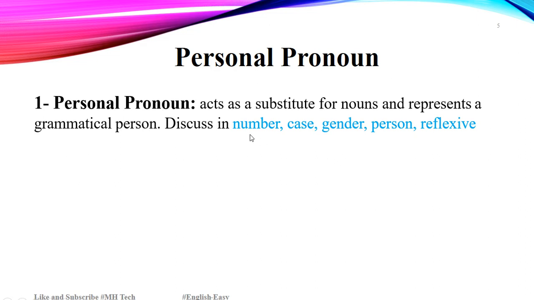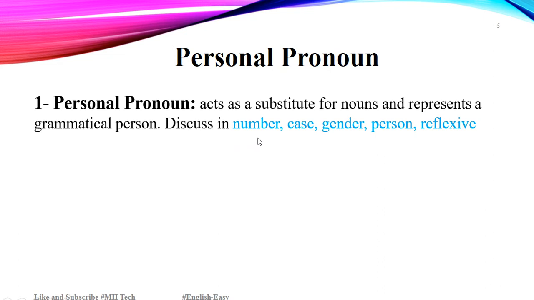And go to the first, what's a personal pronoun in English. It's a short introduction to the personal pronoun. A personal pronoun acts as a substitute for nouns and represents a grammatical person. And we will discuss these personal pronouns in number, case, gender, person, and reflexive pronoun here.